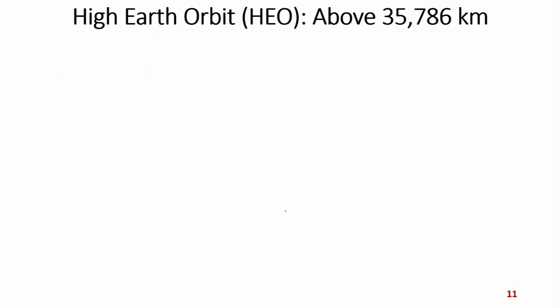Now the high Earth orbit, HEO, is basically the geosynchronous orbit and geostationary orbit. We generally use these for our Earth satellites: GEO means geostationary and GSO is geosynchronous.